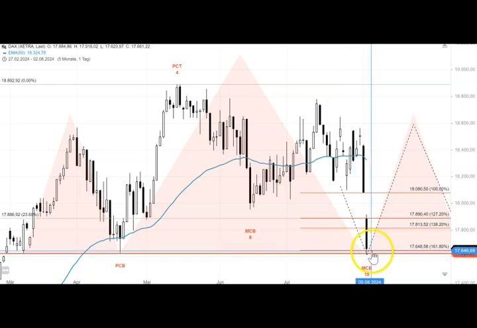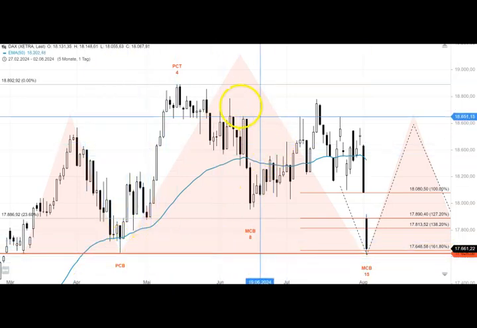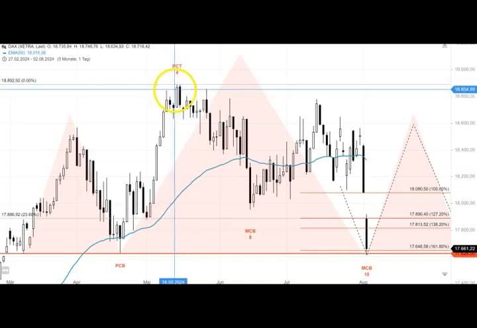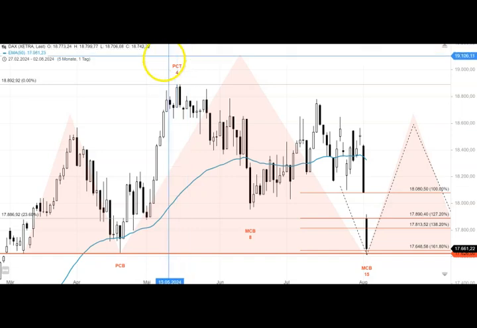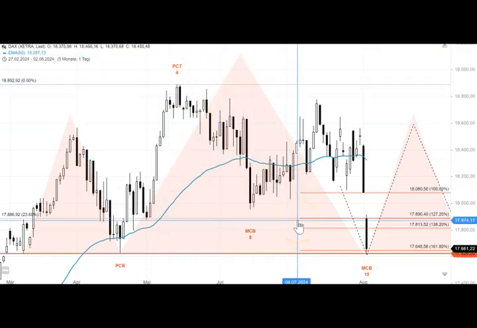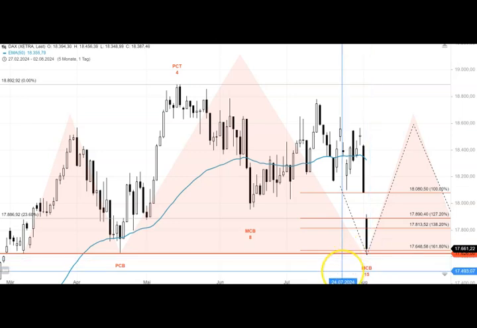And since we are now already at the start of the primary cycle, which started right here, and we are obviously in the left-hand translation because we couldn't get over that top, which is also the all-time high of that primary cycle, this whole cycle is bearish, and I would be very surprised if we finish that in week 15.